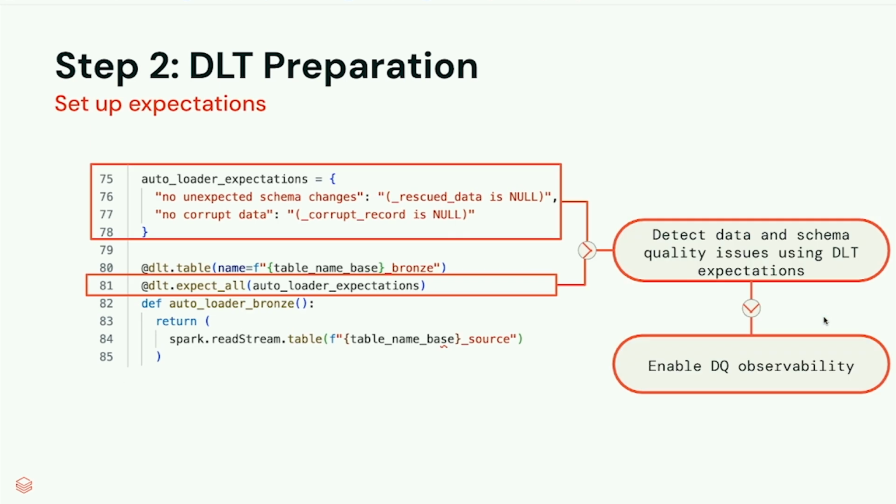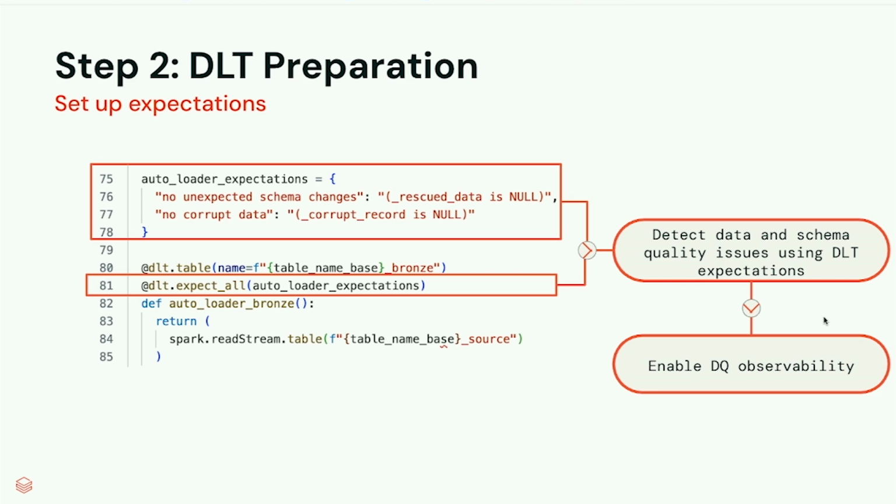But I want to emphasize the use of DLT expectations. As I already mentioned, we use the corrupt record and rescue data columns to track unexpected schema changes and corrupt rows. Typically, most of the time, those columns should be null. But when they're not, that can be an indicator of a problem that we want to debug. So that's where the DLT expectations come extremely handy.